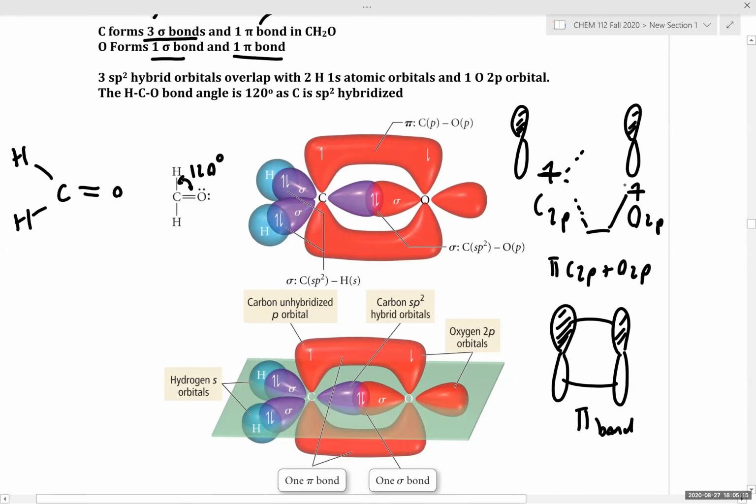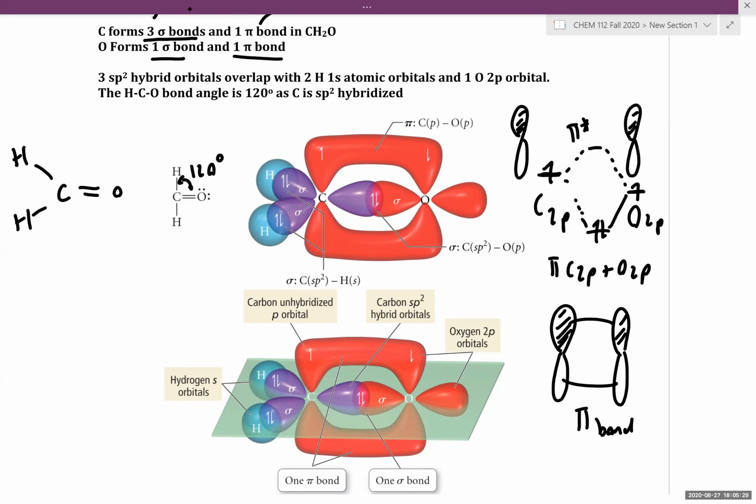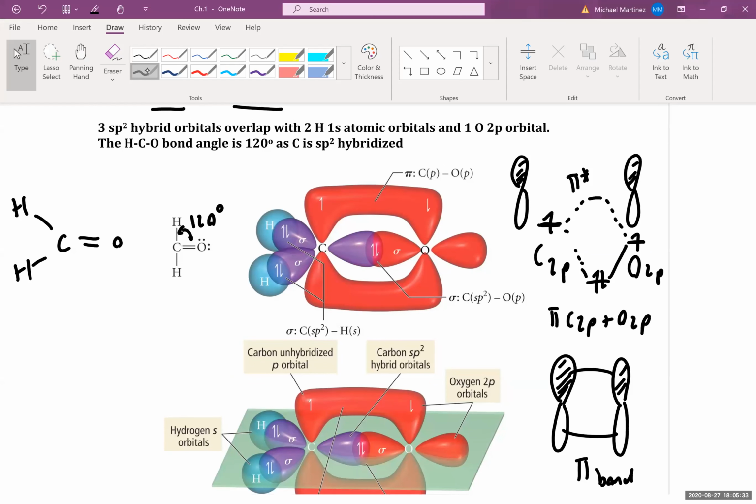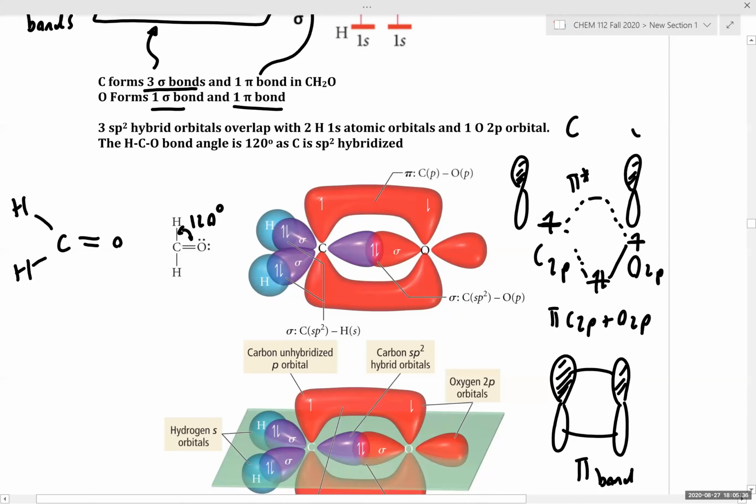Alternatively, as another orbital generated in this pi bonding process, we also generate a pi star orbital. This occurs when we have 2 orbitals of opposite phase overlapping, in which case, if we think about our carbon and oxygen atom, rather than sharing electron density, what we have is no electron density shared between our carbon and oxygen atom.